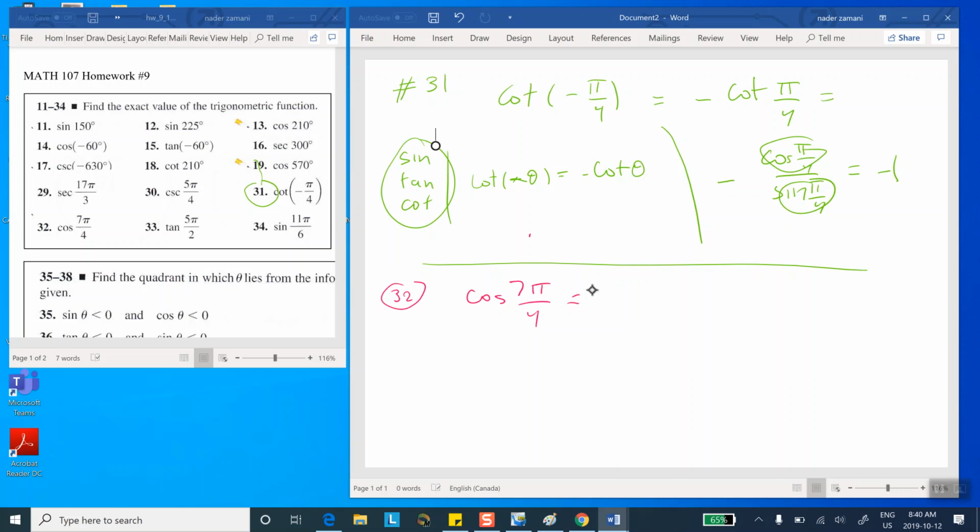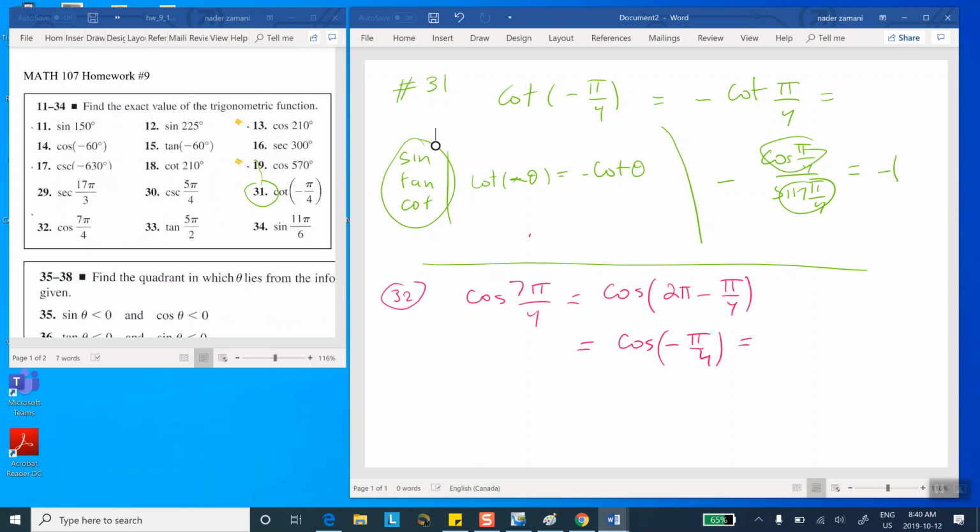Now, for example, we can write this thing as cosine of 2 pi minus pi over 4. And because cosine is periodic with period 2 pi, this is the same as cosine of minus pi over 4.